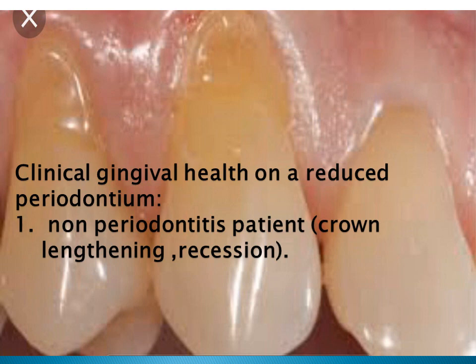The major difference is that probing attachment loss is found in those patients, while there is no attachment loss in clinical gingival health with intact periodontium, also with possible radiological bone loss, while the probing pocket depth and bleeding on probing have the same criteria for both intact periodontium and non-periodontitis patients.